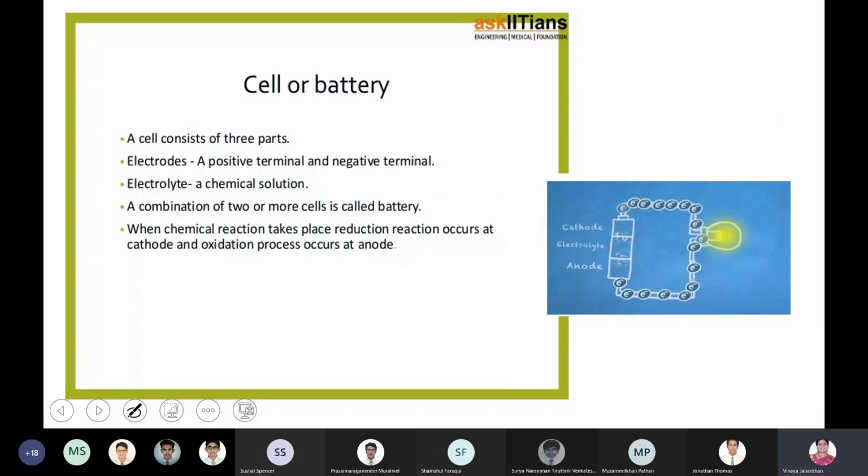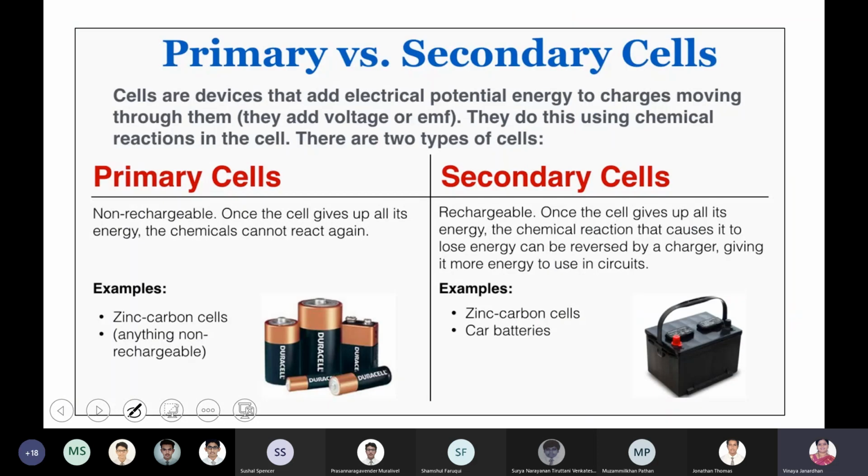Now you know what a cell is. A cell has three parts. It has electrodes, a positive terminal and a negative terminal, then an electrolyte, a chemical solution. A combination of two or more cells is called a battery. All these things you very well know about it, right? Whenever I'm having a cell, there are two types of cells, primary cells and secondary cells.